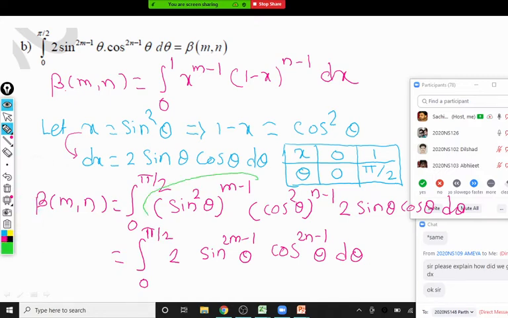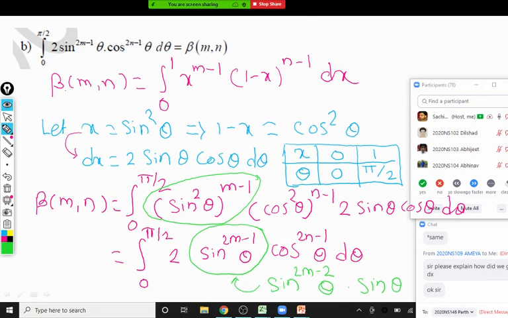What is this simplification? Sine raised to, tell me, what is that power? Sine 2m minus 2. Yes. Into sine theta, which power will you get? 2m minus 1. So it is written directly. I am saying that only. We just added that power together.